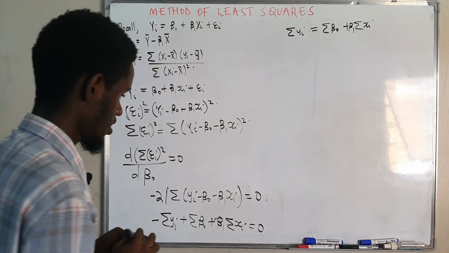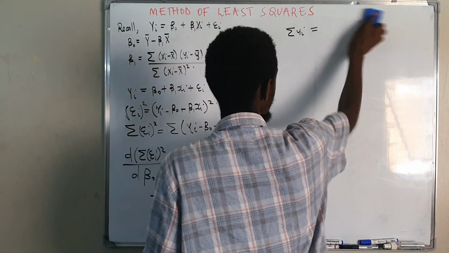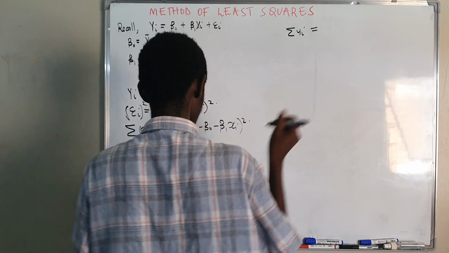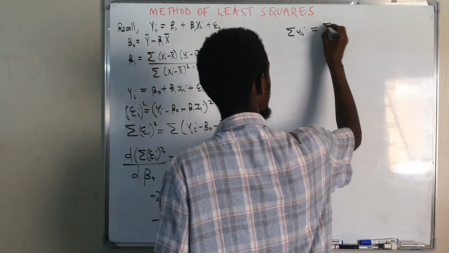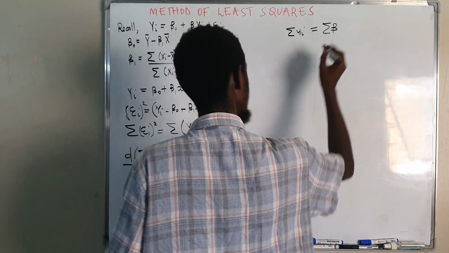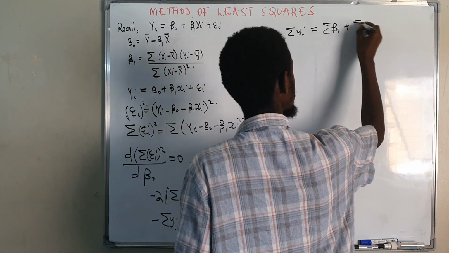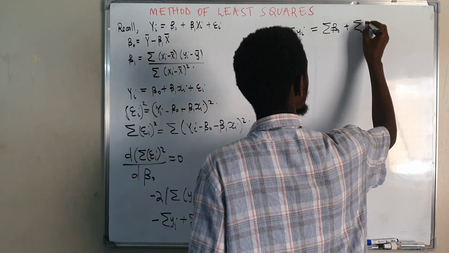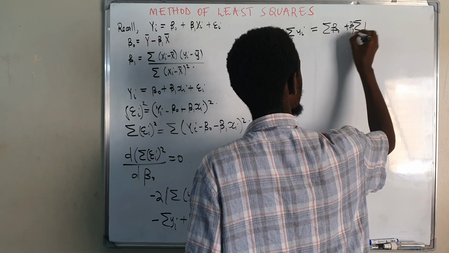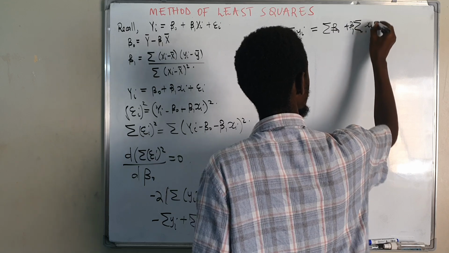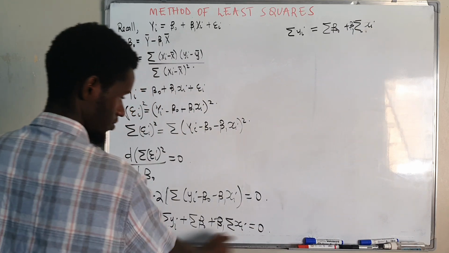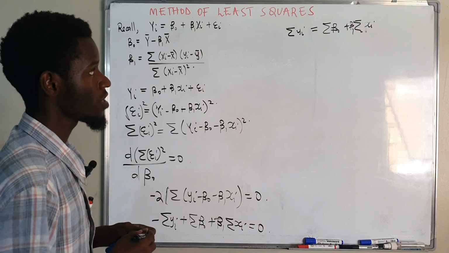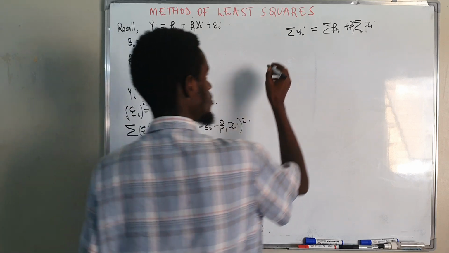Are we together? Let me write it properly with good handwriting so we're not lost. This is summation of beta naught plus beta 1, summation of xi.